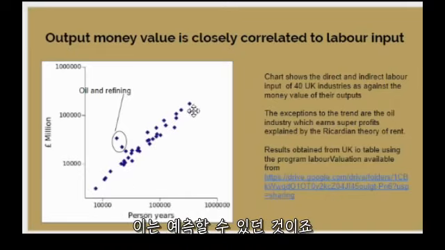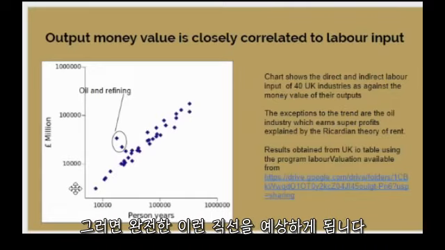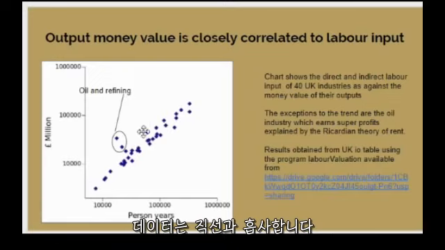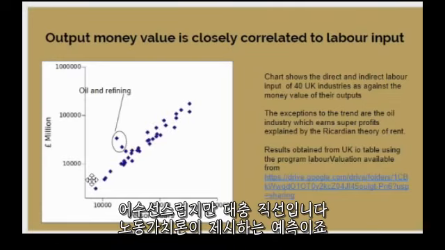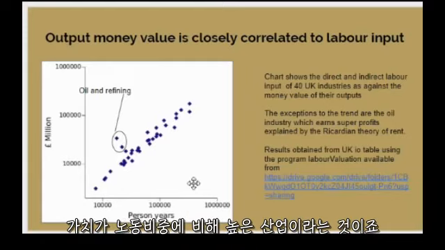If it's the case that the number of person years determines the value of the output, then you'd expect a complete straight line here. Now the data is very close to a straight line. There is some jiggering and jaggering about, but basically it's a straight line, which is what the labour theory of value predicts. There are just a couple of extreme outliers here, and those turn out to be the oil and oil refining industries, whose output value is rather higher than you would predict by their labour content.